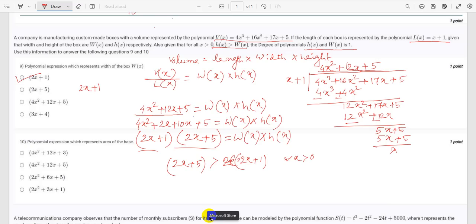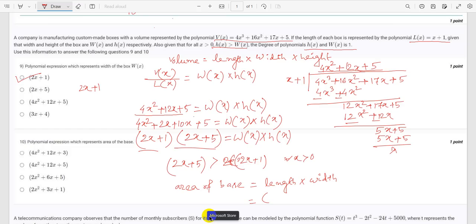And question number 10, the polynomial expression which represents the area of the base. So the area of the base is equal to length into width, right?